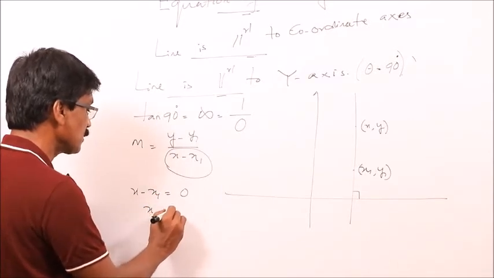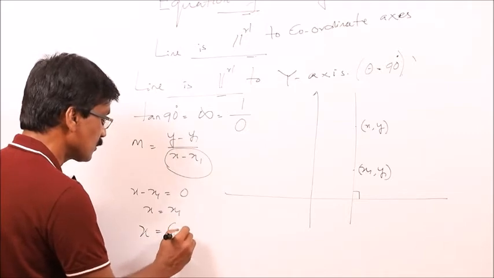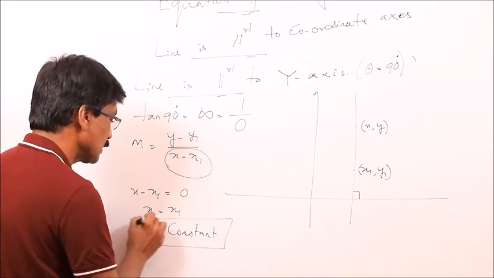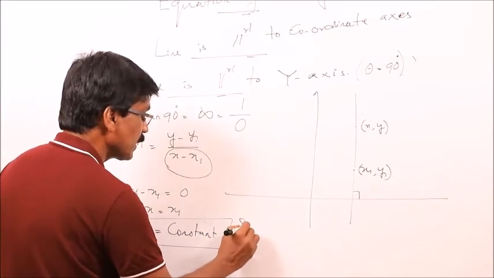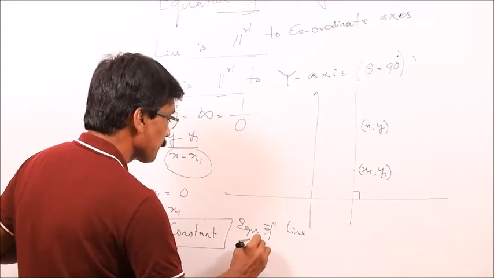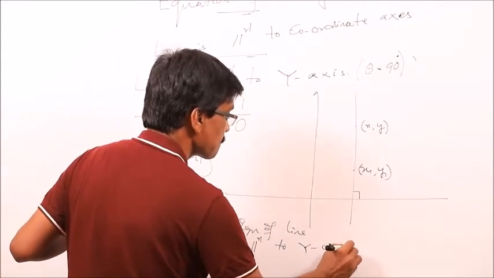So, x is equal to x1, that is x is equal to constant is the equation of a line parallel to the y axis.